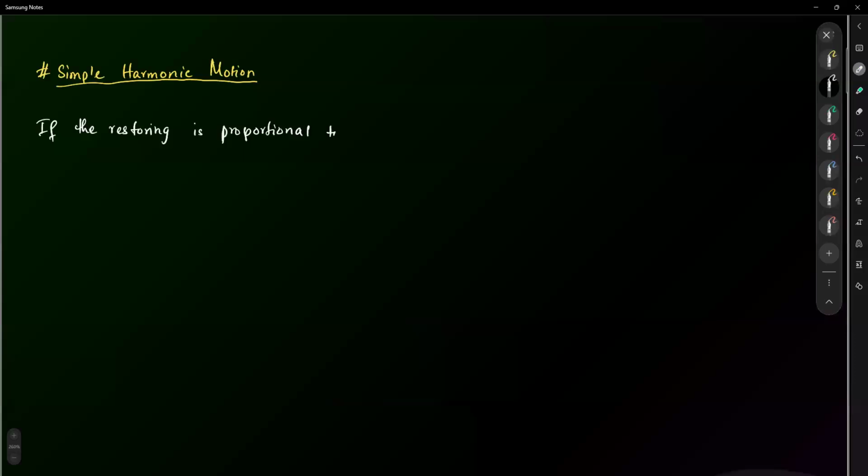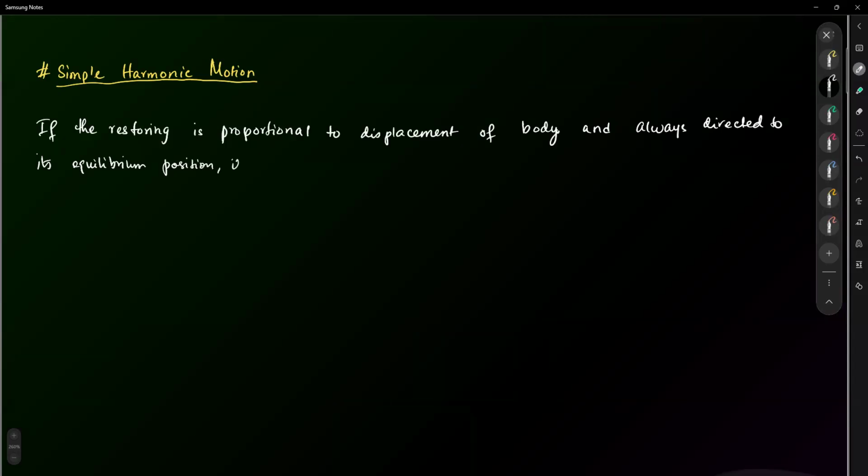See, if the restoring force is proportional to displacement of body, and always directed to its equilibrium position, it is said to perform SHM.